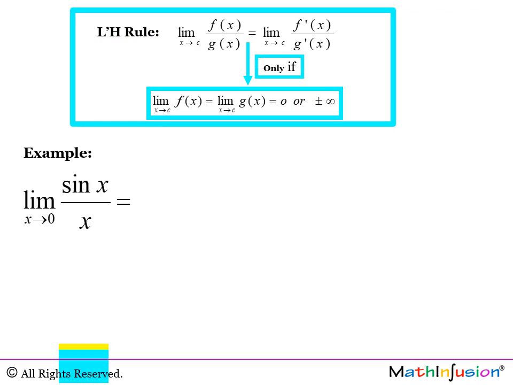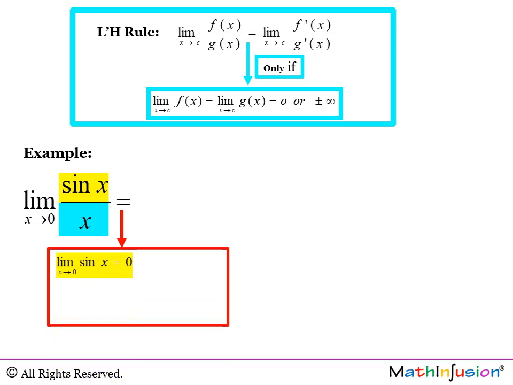Let's see some examples. I guess that you remember this. The limit of sine x over x when x approaches 0, if you remember, is supposed to be 1. But now we have a better way to do that, the easy way.